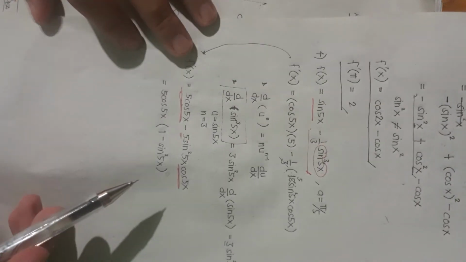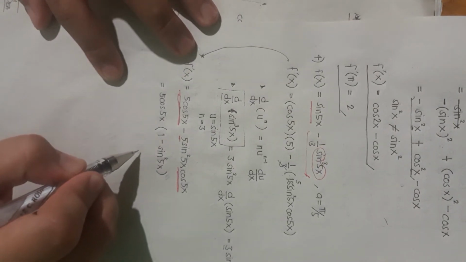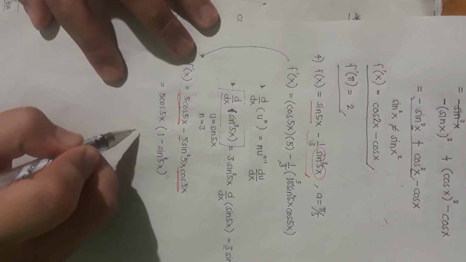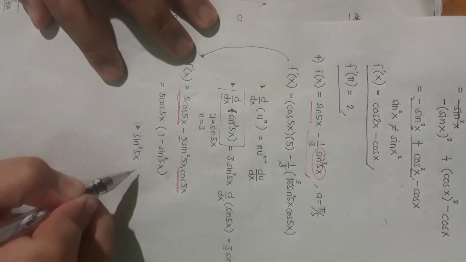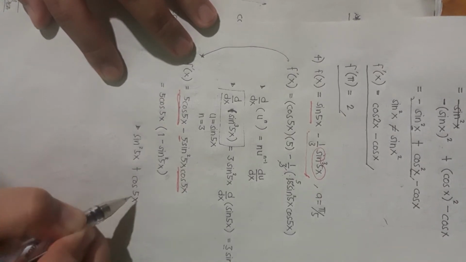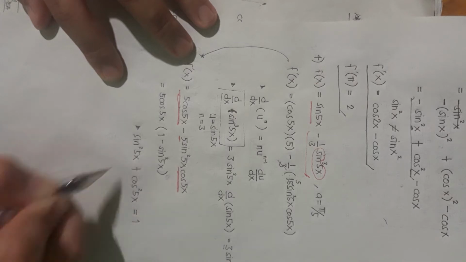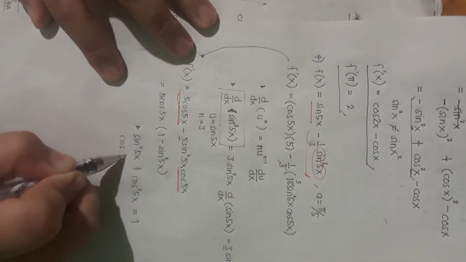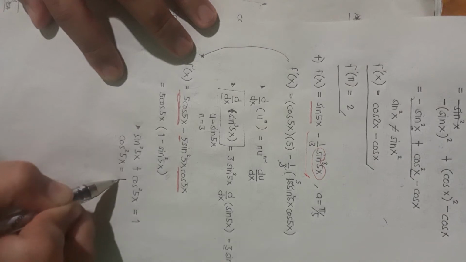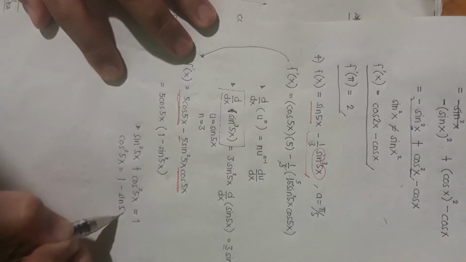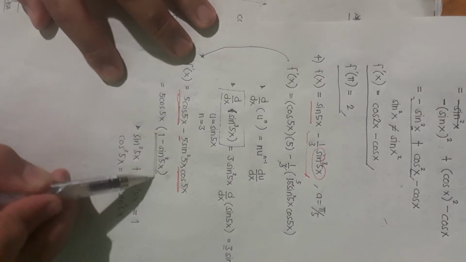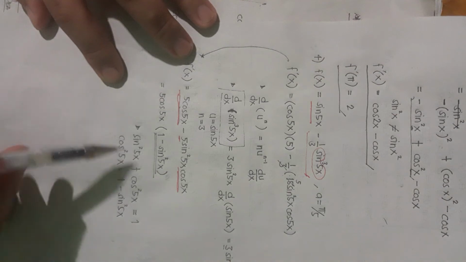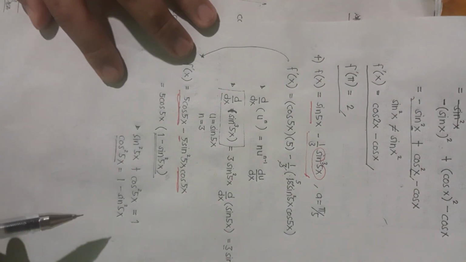So in this case, if sine 5x squared plus cosine 5x squared is equal to 1, then cosine 5x squared is equal to 1 minus sine 5x squared. So this 1 minus sine 5x squared is actually equal to cosine 5x squared.